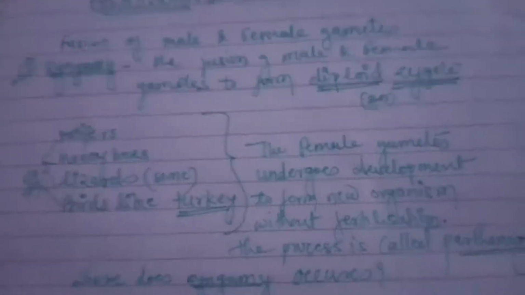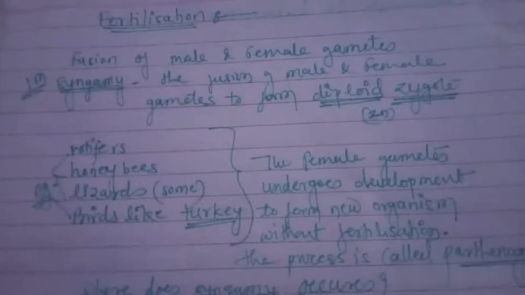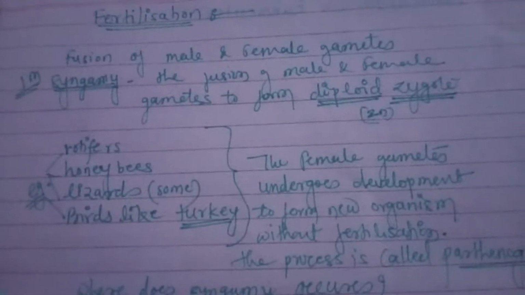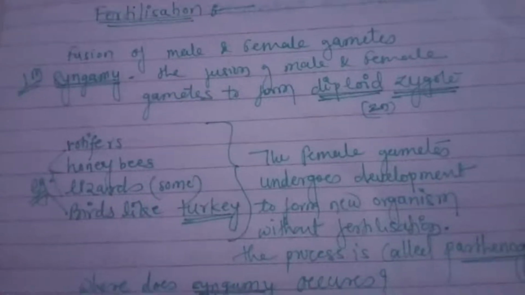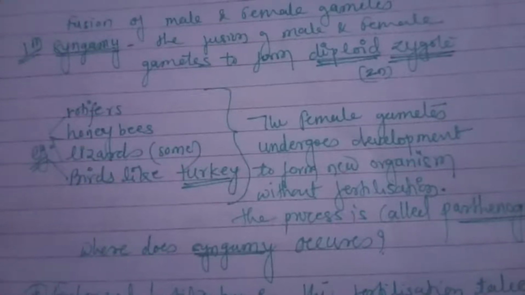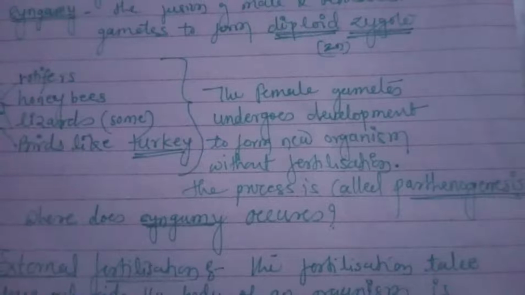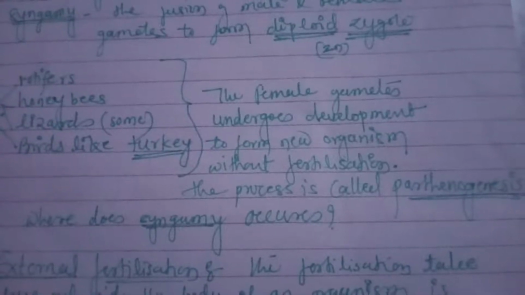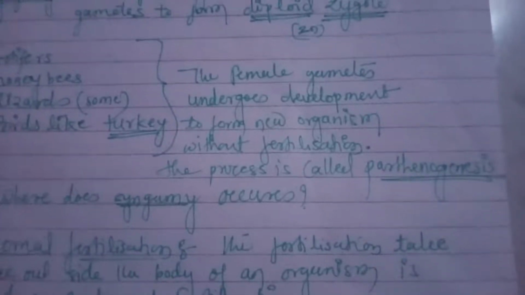So we have studied the definition of fertilization: fusion of male and female gametes to form a diploid zygote, called fertilization or syngamy. In some organisms like rotifers, honeybees, lizards, and birds like turkey, the female gamete undergoes development to form a new organism without fertilization. The process is called parthenogenesis.